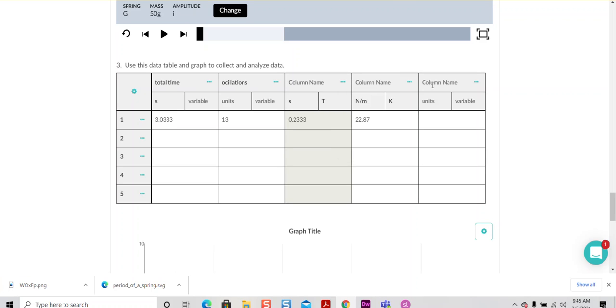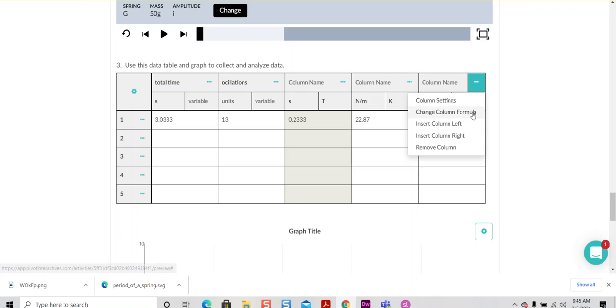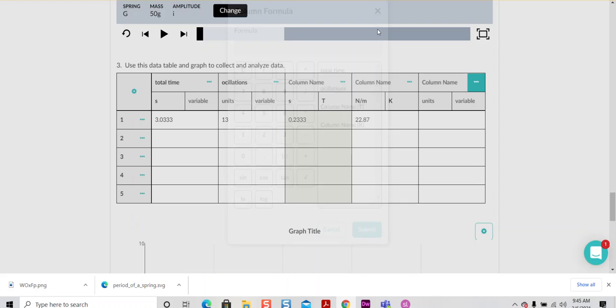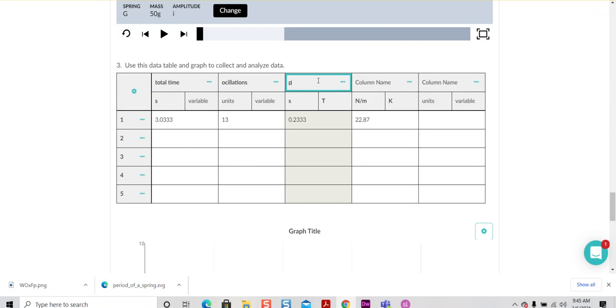If you wanted to create a T squared column, for example, you would just say change formula, and you would just say this column name, I would change the column name to period, and I would change this to spring constant.